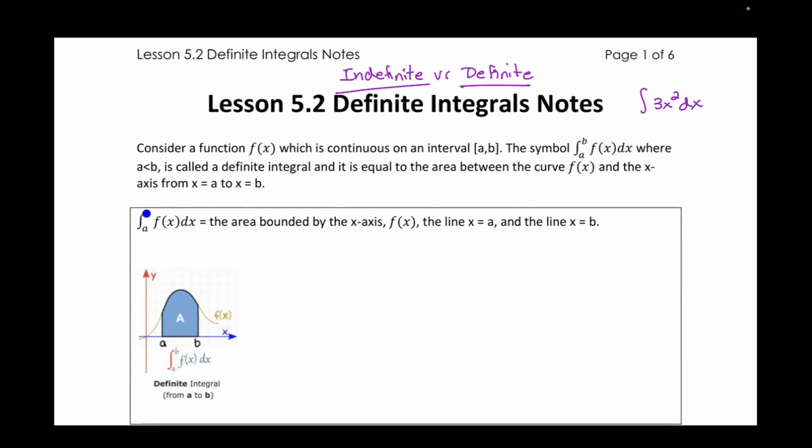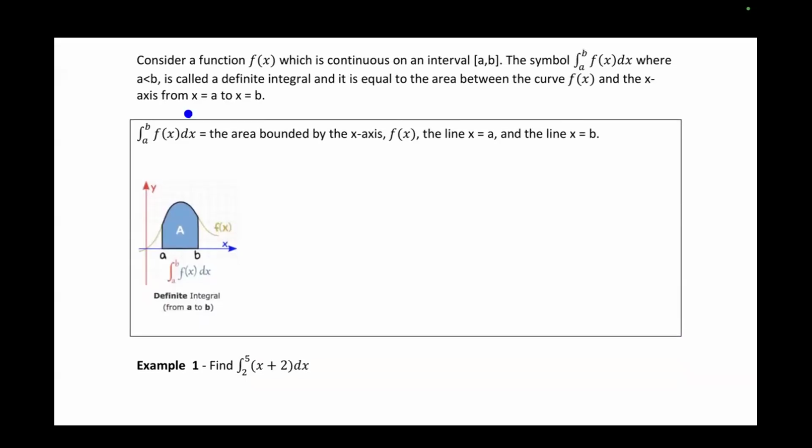And we are going to define the definite integral to be a certain area when we graph a function. So if I were to graph the function f of x, and I want the area bounded by the x-axis, so the x-axis is always going to be a boundary, the function f of x, the line x equals a, and the line x equals b.